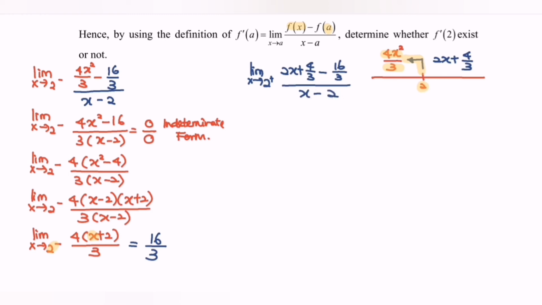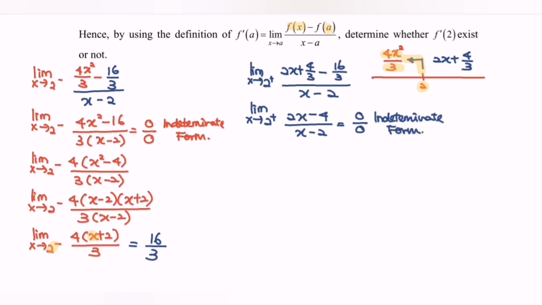Simplify the situation: 4 over 3 minus 16 over 3 gives negative 12 over 3. So the limit when x approaches 2 from the right is 2x minus 4 over x minus 2. If we substitute the value, we obtain 0 over 0, which is an indeterminate form.